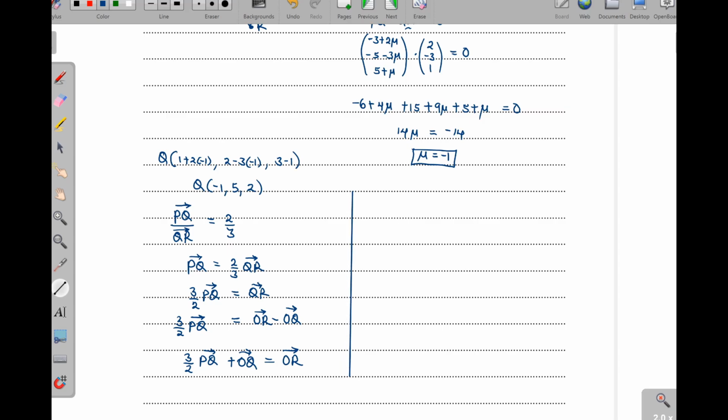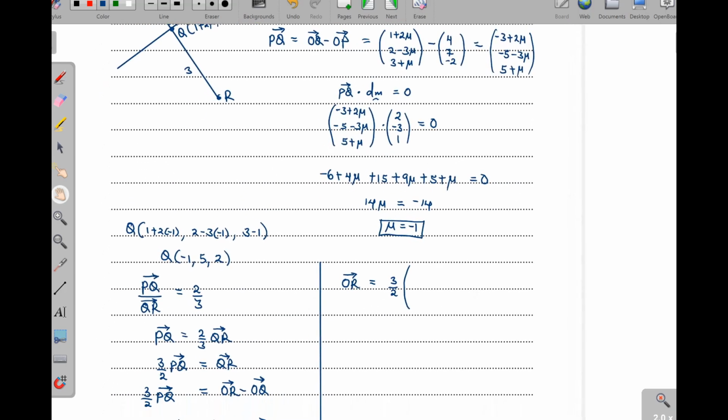Now, what else can we do here is to simplify. So our OR is therefore going to be equal to 3 out of 2. Then, our PQ is here. So you have negative 3 minus, no, it will be a plus 2, then times negative 1, and then minus 5 minus 3 times negative 1.